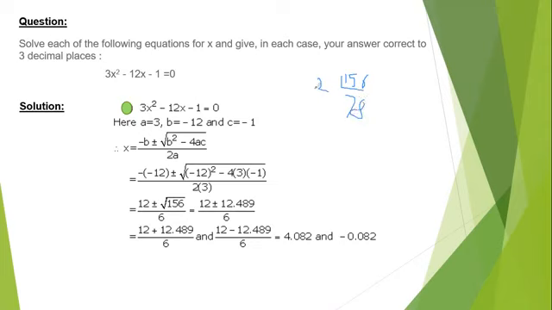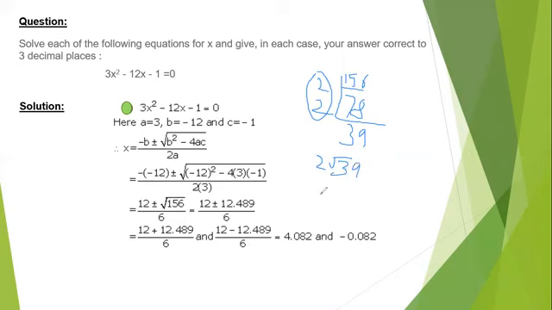Then divide it again by 2. It will come 39. Now taking the pair of 2, this root 156 can be written as 2 under root 39.